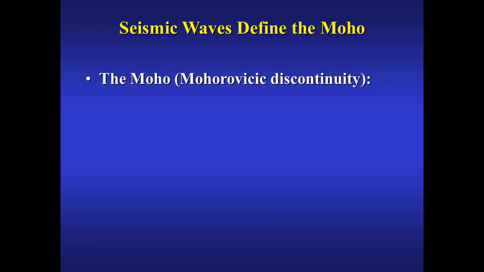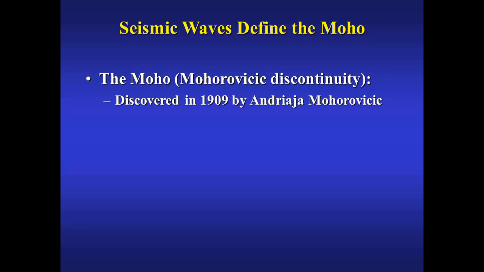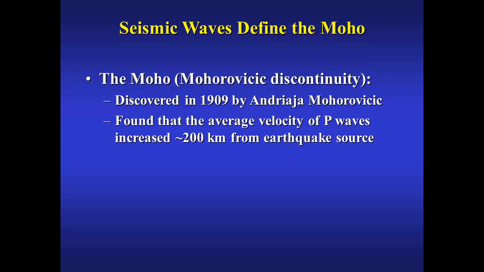Now, the seismic waves define what's known as the MOHO, which was discovered back in 1909. What was found was that the average velocity of P waves increased at a distance of about 200 kilometers from the earthquake source.